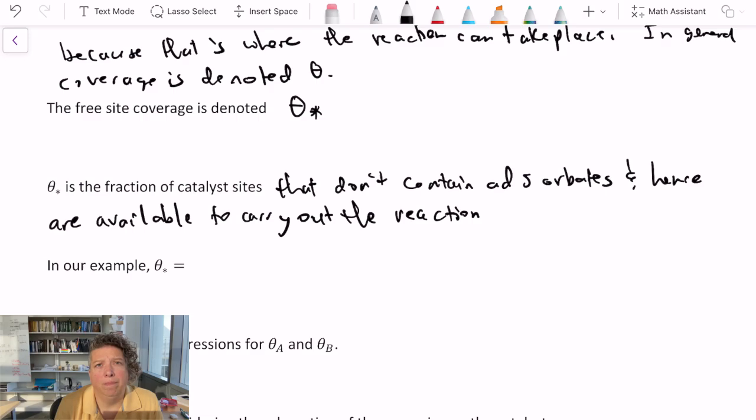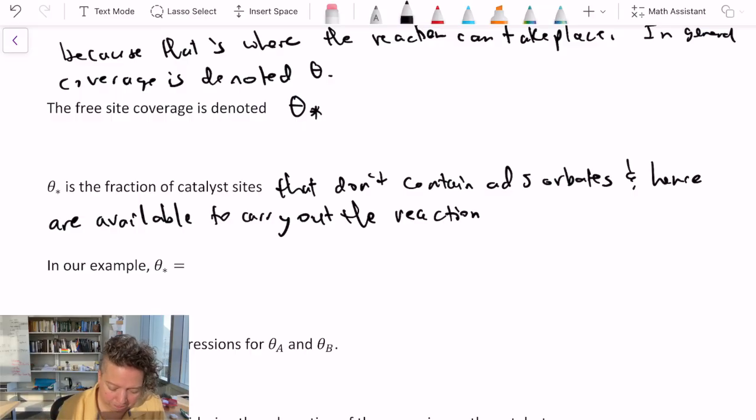So in the prior example, we saw that theta star was equal to, if we're thinking in monolayer terms, 1 minus the coverage of red adsorbates minus the coverage of blue adsorbates.